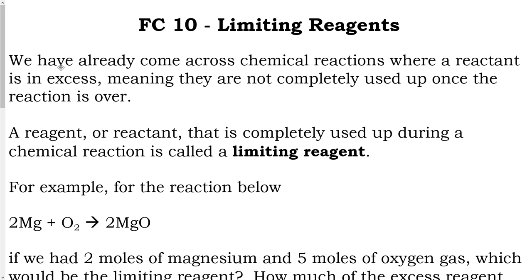What happens in a chemical reaction is one of them is going to get used up first, and then the other one won't have anything left to work with, and the reaction stops. It all depends on which reactant gets used up first in the reaction, and the first one to get used up is known as your limiting reagent.